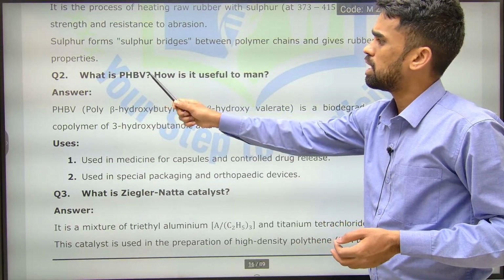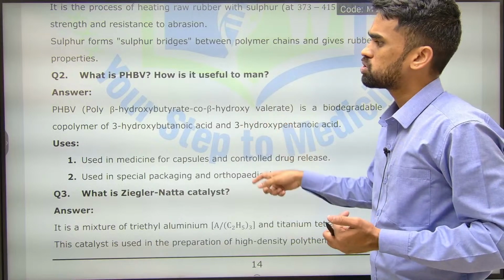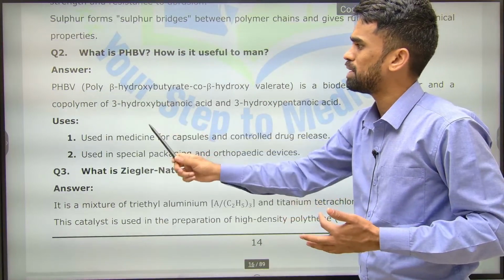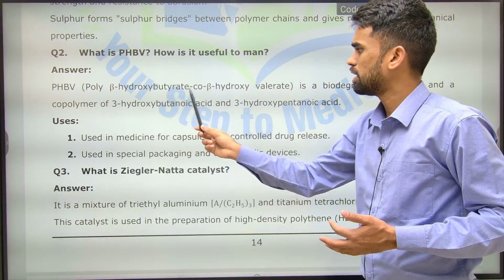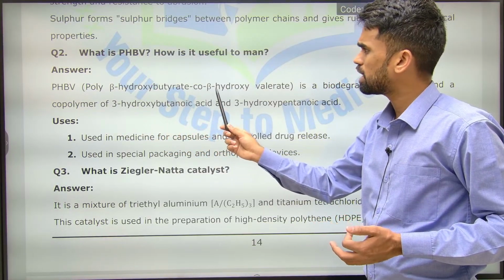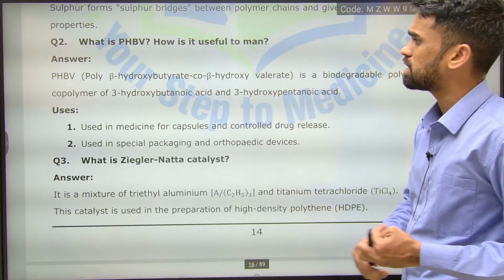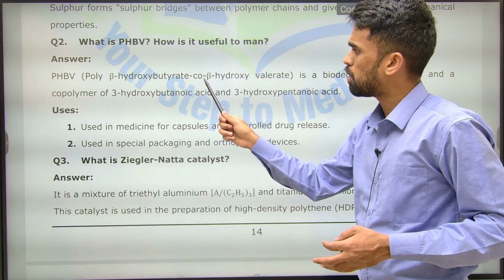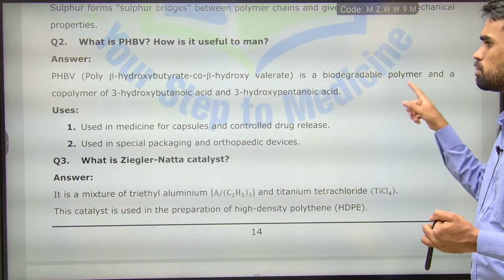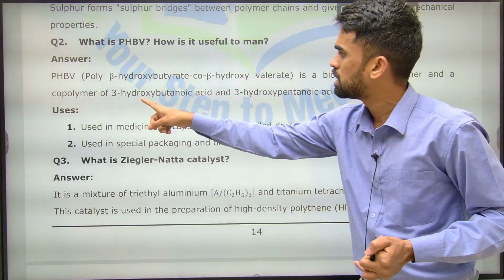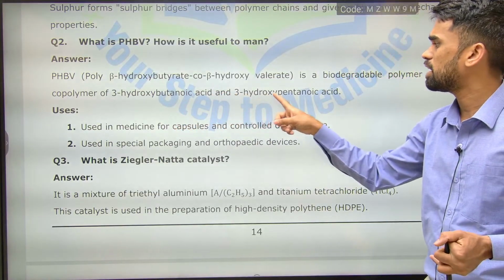What is PHBV? How is it used? PHBV means poly beta hydroxybutyrate-co-beta hydroxyvalerate. It is a biodegradable copolymer, a copolymer of 3-hydroxybutanoic acid and 3-hydroxypentanoic acid.